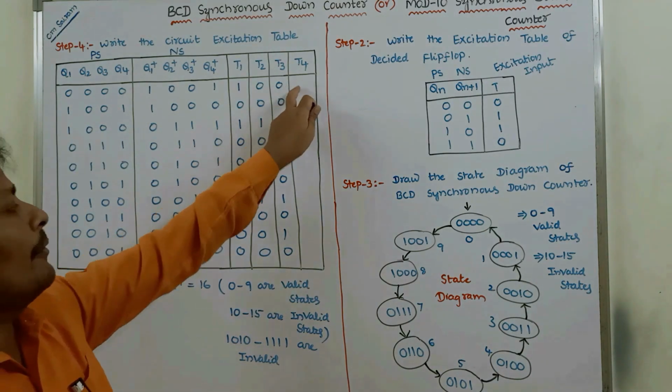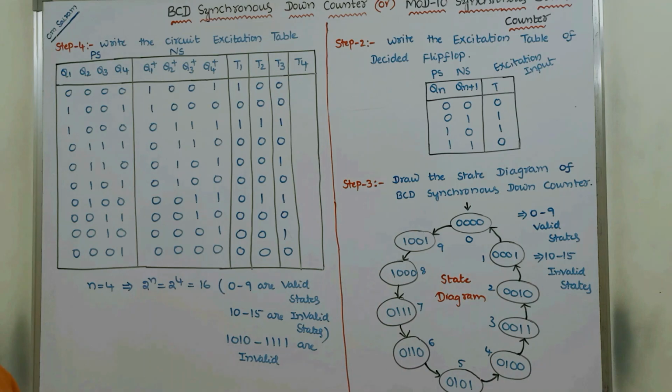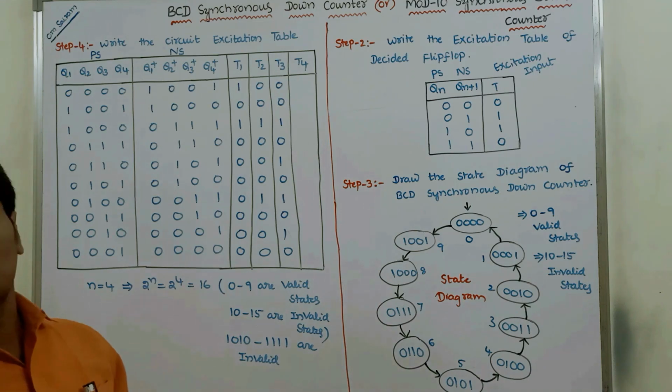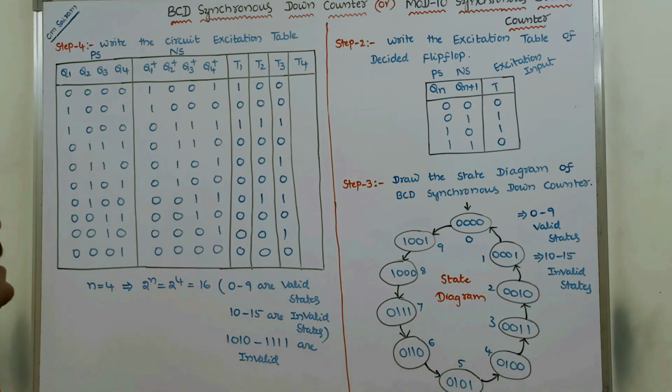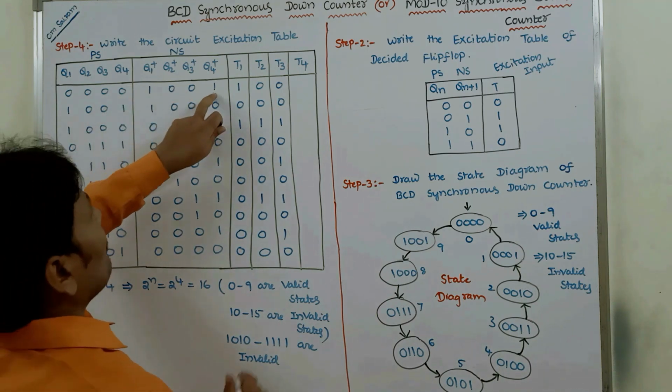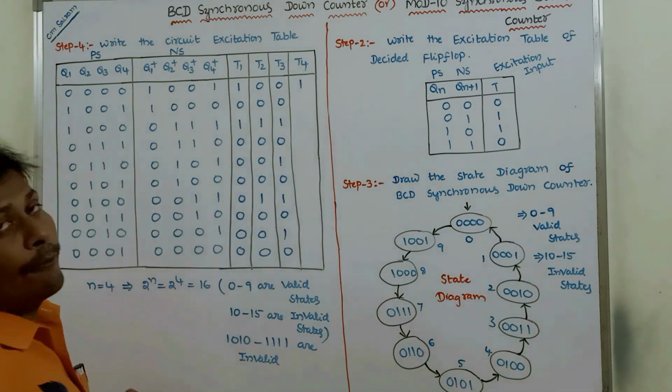Now, for filling out T4 column, we have to consider Q4 and Q4 plus as inputs. Here 0, 1, both bits are different, T4 value is 1.